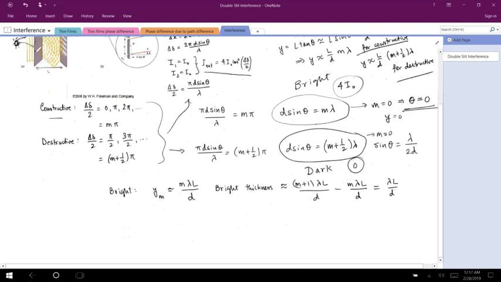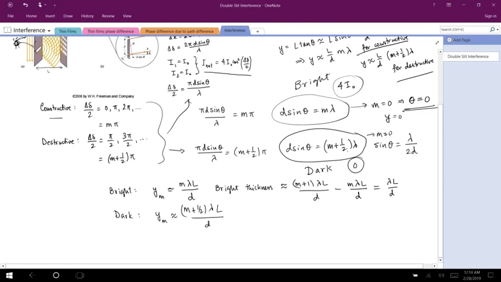Okay, and we can do the same thing with the darks. Darks are at ym equal to (m plus a half) lambda L over D, right?